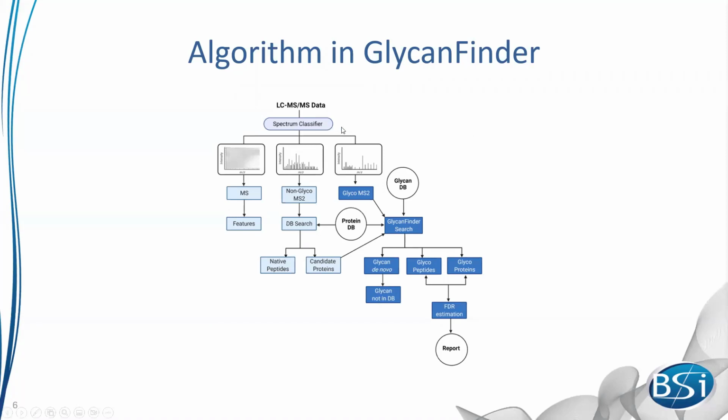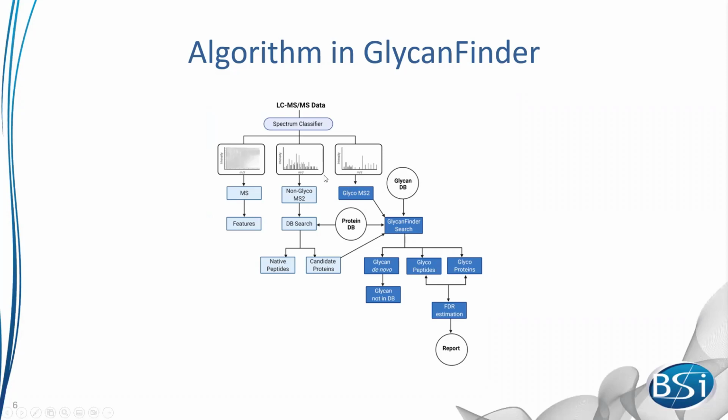With the remainder of the spectra, we then classify them into glycopeptide spectra, potential glycopeptide spectra, and non-glycosylated peptide spectra, because glycopeptides have a very specific signature in the high mass range that looks like a glycan, and we take all the spectra that look like glycans and put those into our Glycan Finder algorithm.